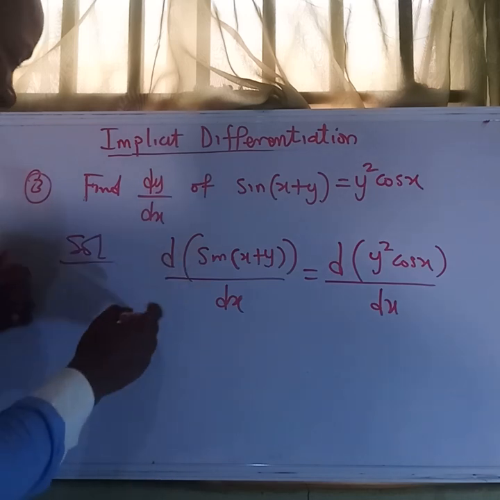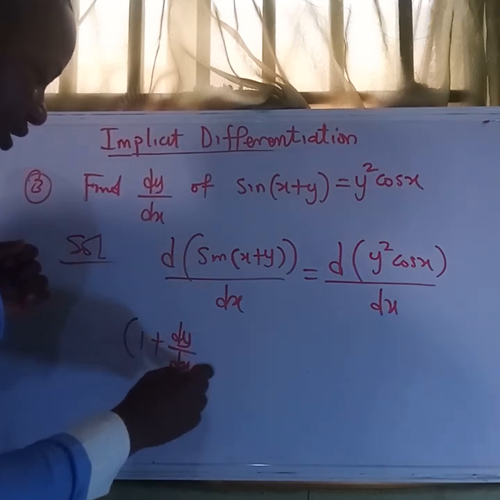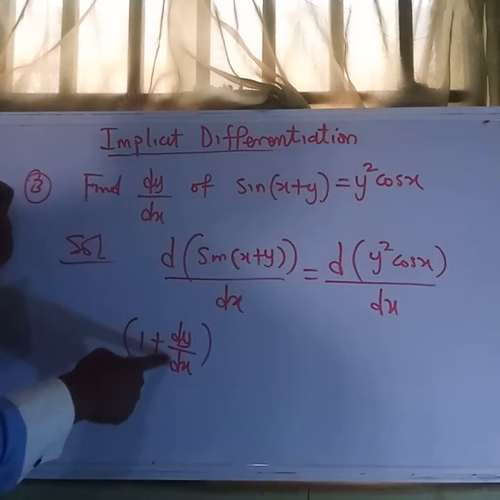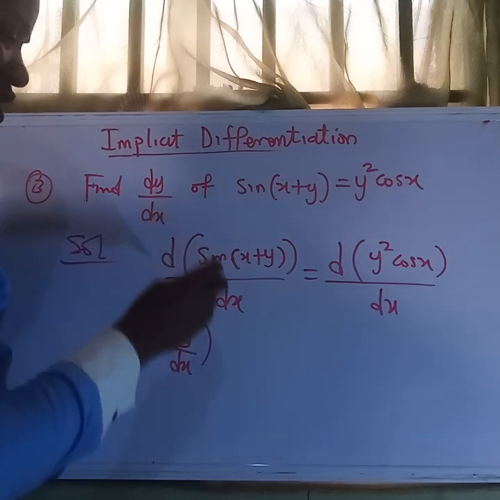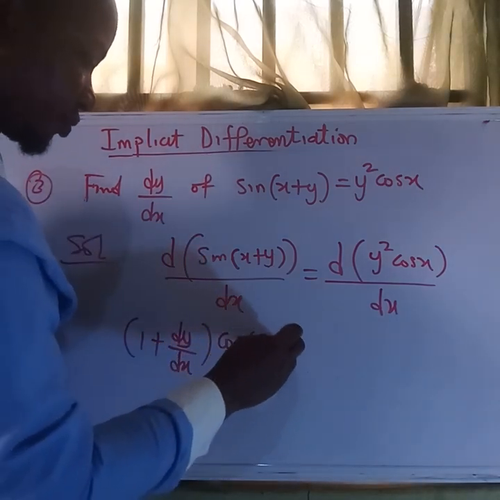So this is 1 plus dy/dx. When we differentiate sine, we get cos(x + y).